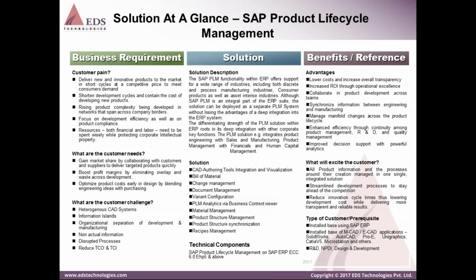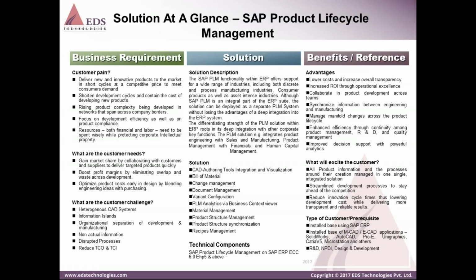The next is to shorten the development cycles, because if we have to deliver new and innovative products to the market, we need to find ways to shorten the development cycles. At the same time, we also need to maintain an optimized cost for all these new products that we are developing from the innovation point of view.